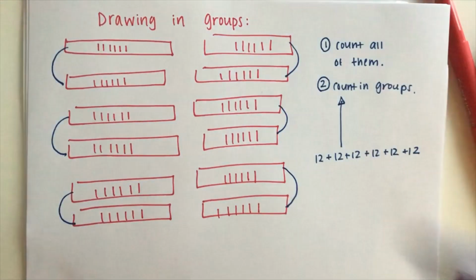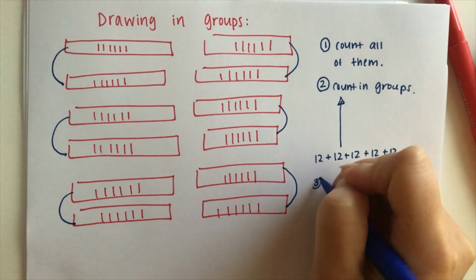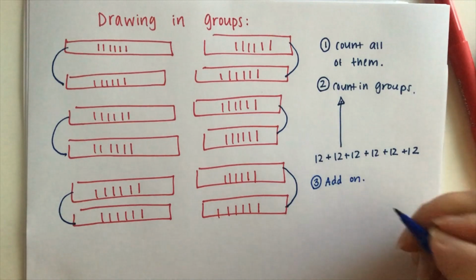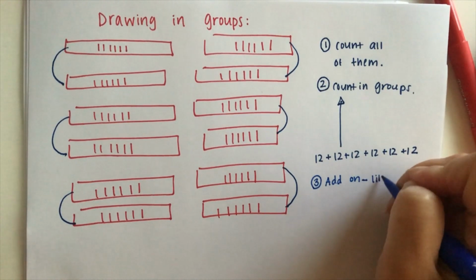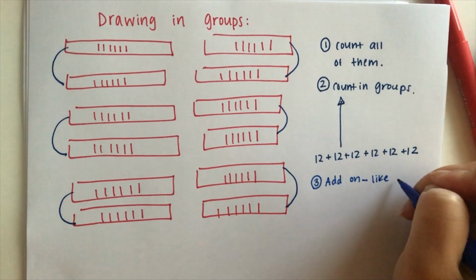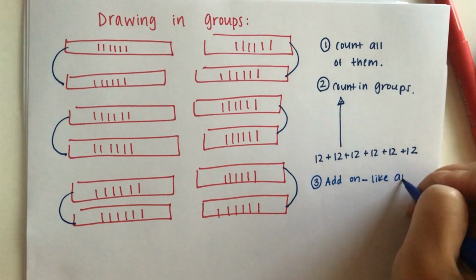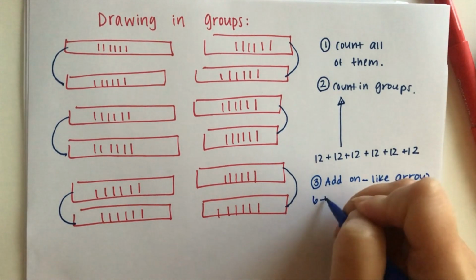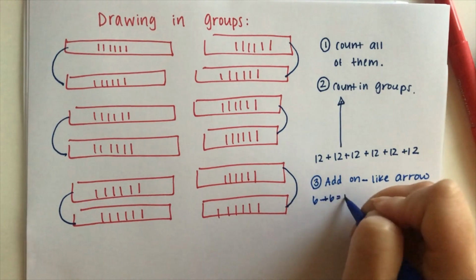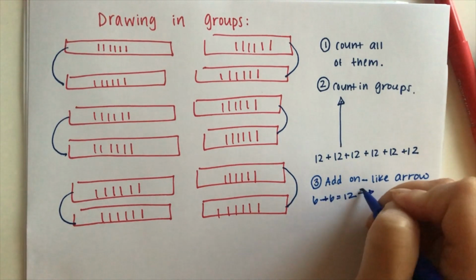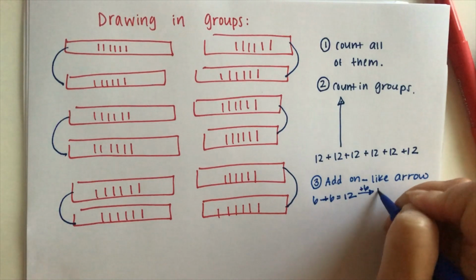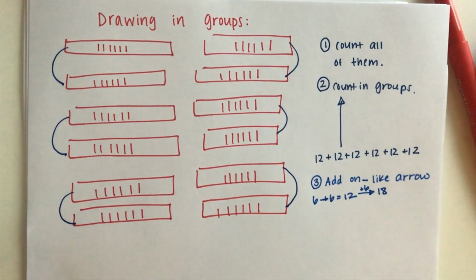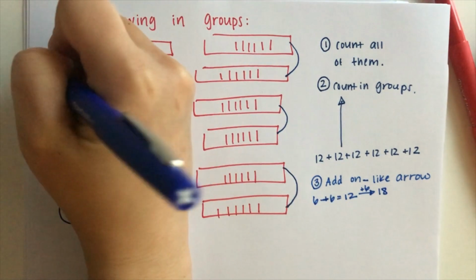Or number 3, you can add on, like skip counting, or like arrowway, which we did yesterday. If you do 6 plus 6 equals 12, and then you add 6 more and you got 18. So if you pick that, that's up to you. What I'm going to do is do the second method.